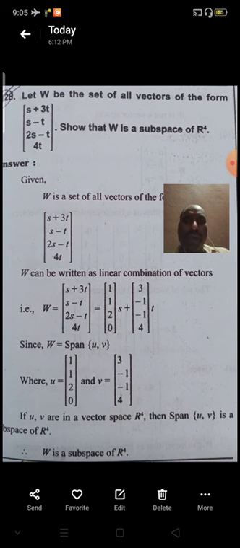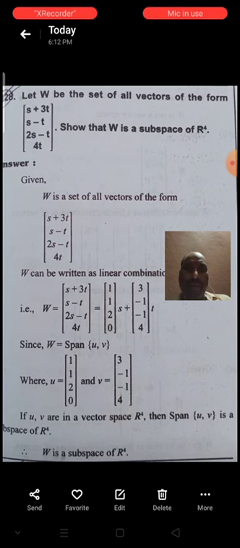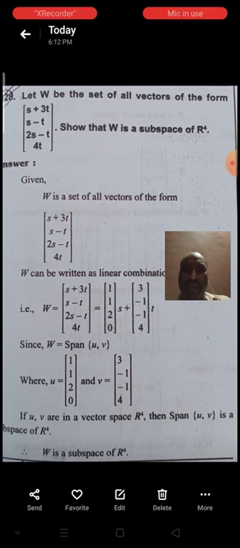Solution. Given W is a set of all vectors of the form the 4 by 1 matrix with entries s plus 3t, s minus t, 2s minus t, 4t.